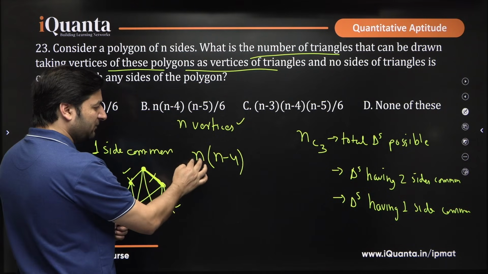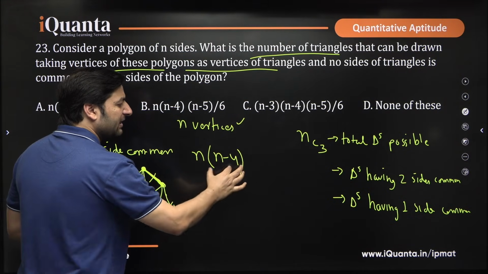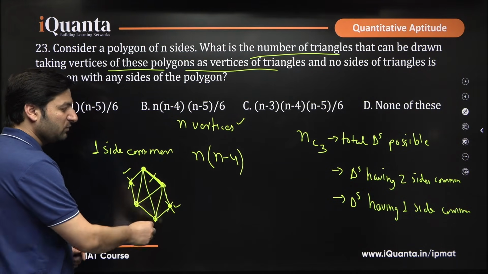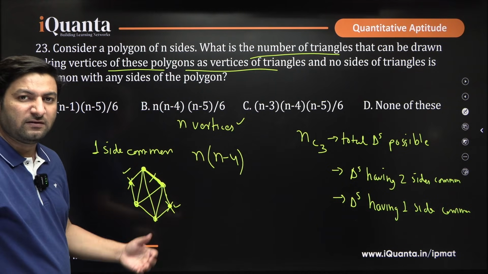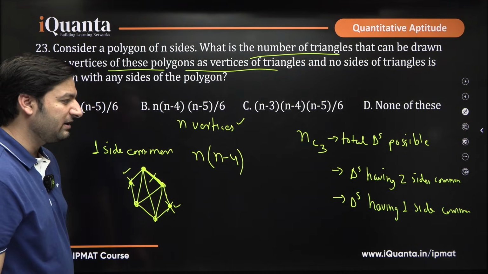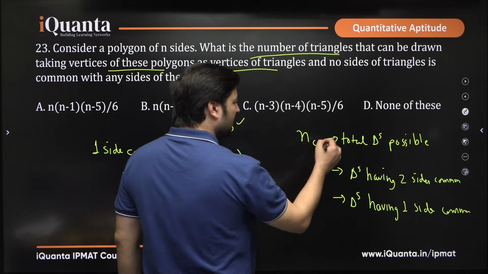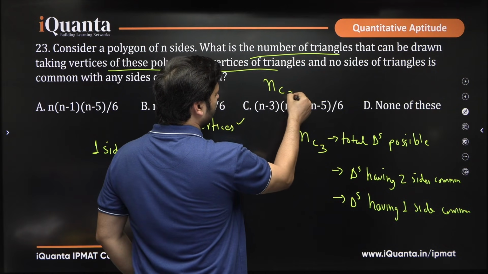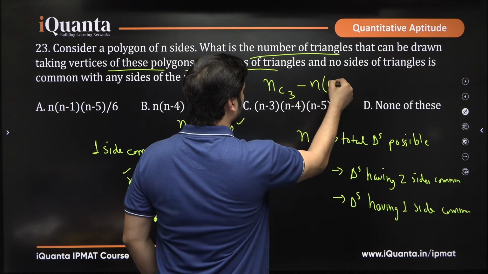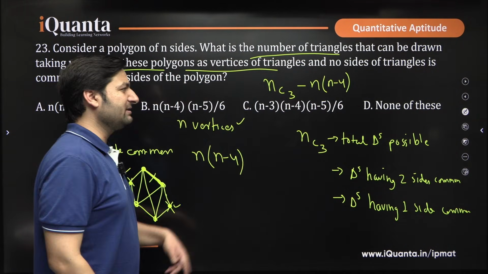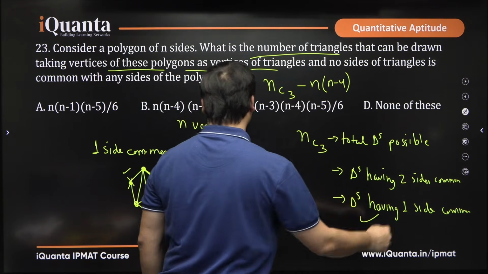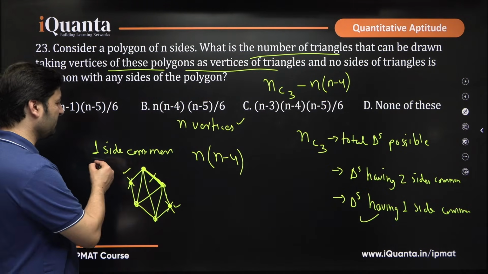So for every side we will have n minus 4 vertices which we can take as the third vertex of the triangle and form a triangle that has one side common with the polygon. So such triangles will be reduced. Out of total triangles possible, we will have to remove these many triangles, the ones having one side common. I hope this is clear.